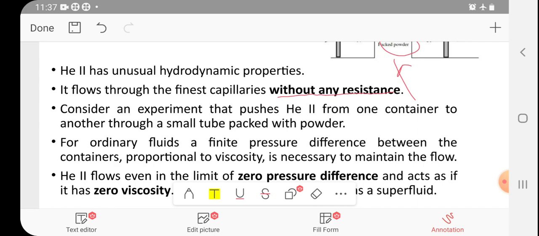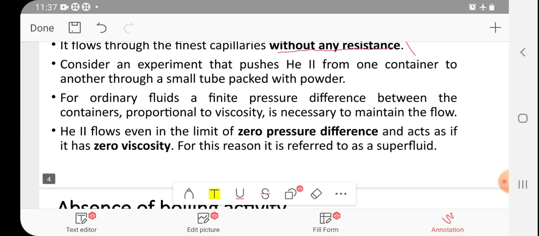There must be some pressure difference, because without it the fluid can't flow, and this pressure difference should be proportional to the viscosity for the maintenance of the flow. But helium 2 flows even in the limit of zero pressure difference and acts as if it has zero viscosity. For this reason, it is referred to as a superfluid.